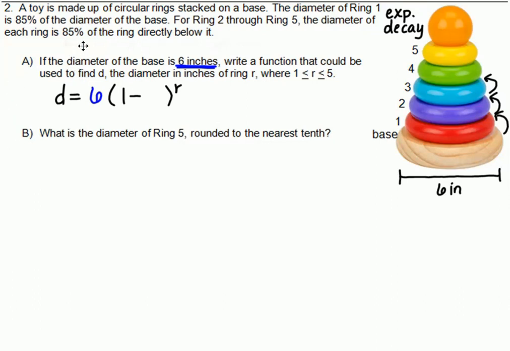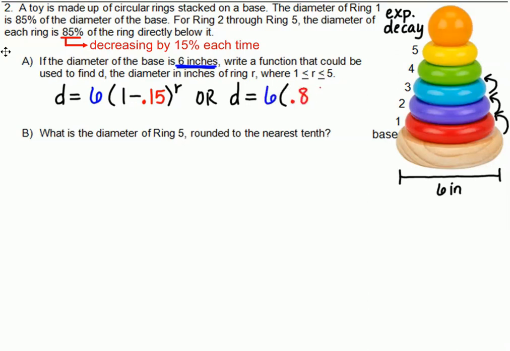So that means they're actually decreasing by 15% in diameter each time. 15% as a decimal is 0.15. So let's clean up our function. We can also write this as D equals 6 times 1 minus 0.15, which is 0.85.